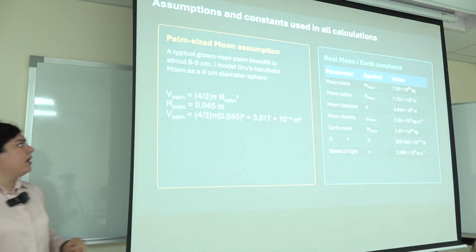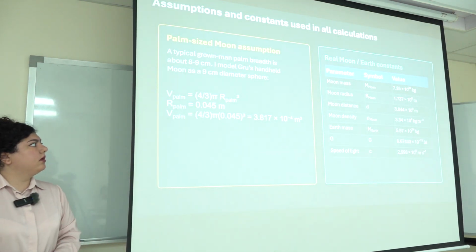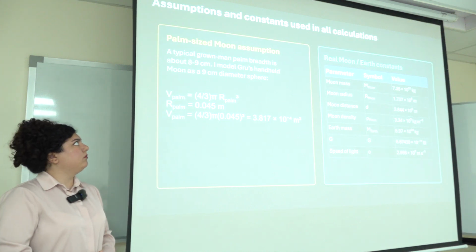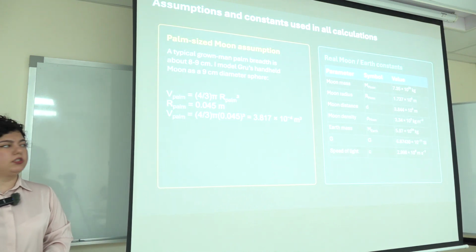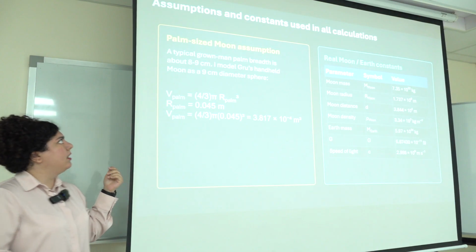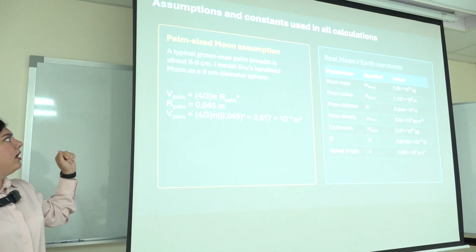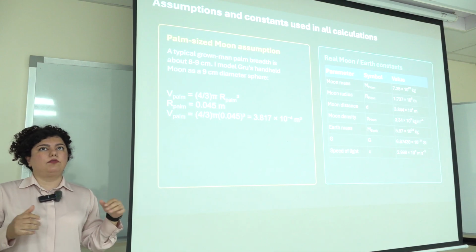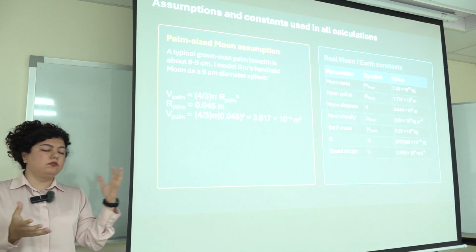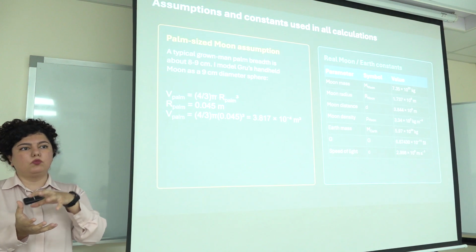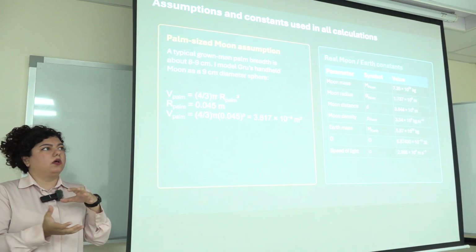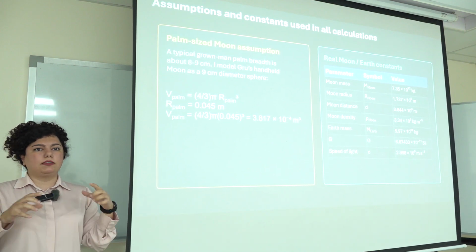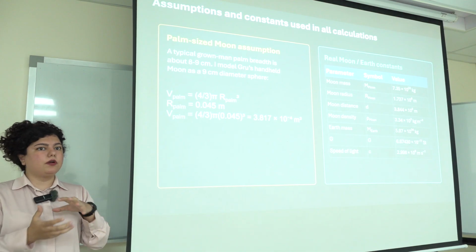Oh, okay. And these are some of the parameters that I've used in all of the calculations: the mass of the moon, radius, density, and all of these. And also I have assumed that because in one scene we can see that Gru keeps the moon in his hands, we can assume that it's a palm-sized sphere.